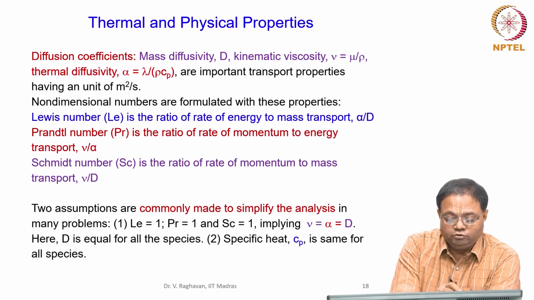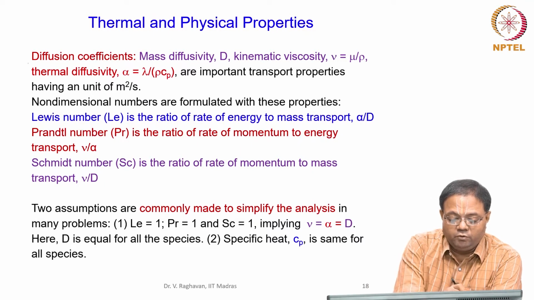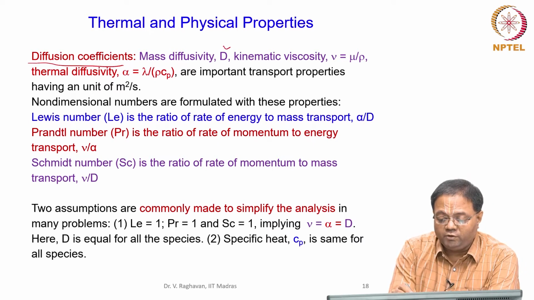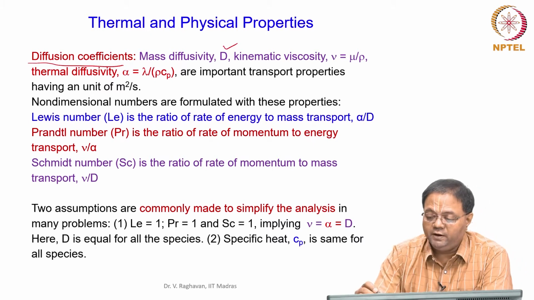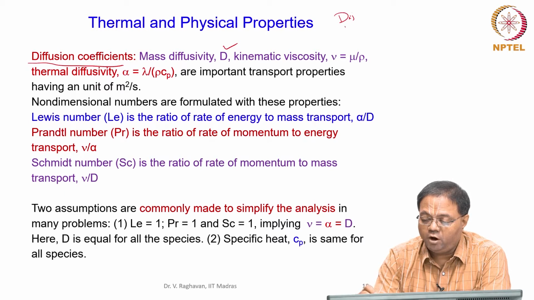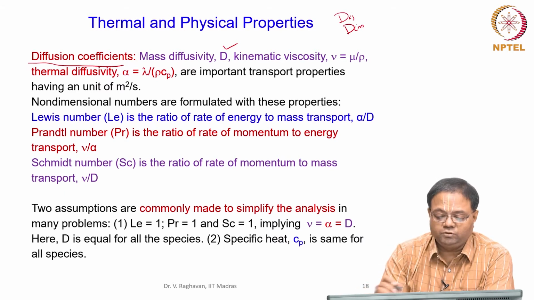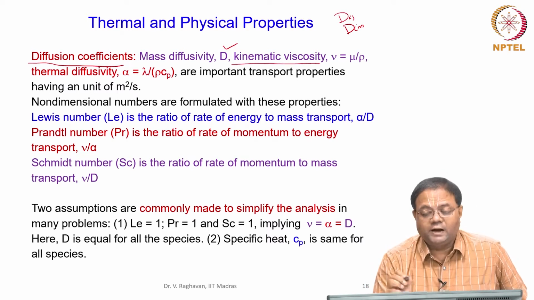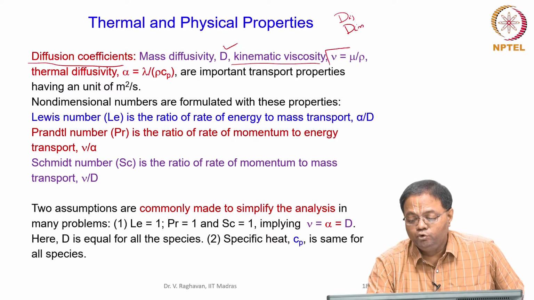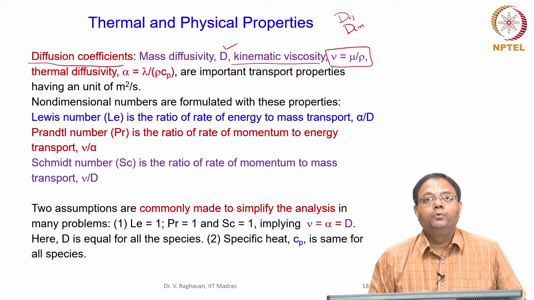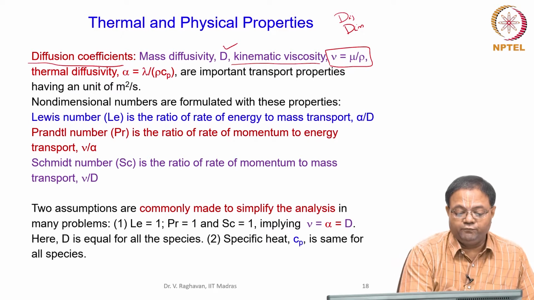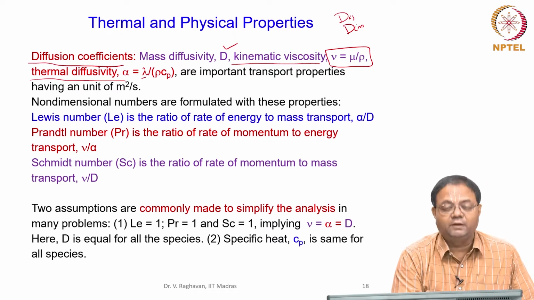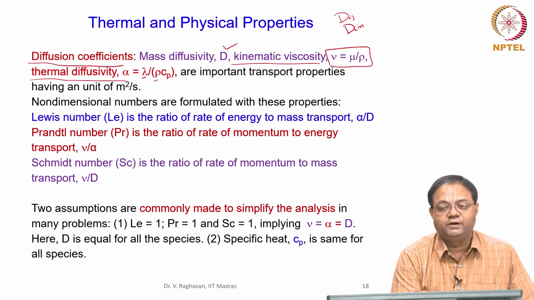Okay. So, the diffusion coefficients for mass transfer, this is the mass diffusivity. It can be binary diffusivity or D_im. So, some mass diffusivity D, and the kinematic viscosity, not dynamic viscosity, which is nu equal to mu by rho, and the thermal diffusivity alpha, which is lambda, the thermal conductivity, divided by rho, density, into Cp.